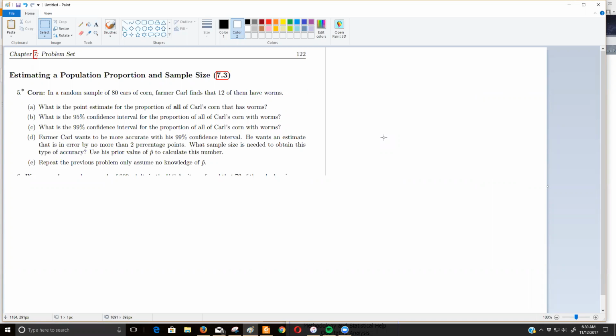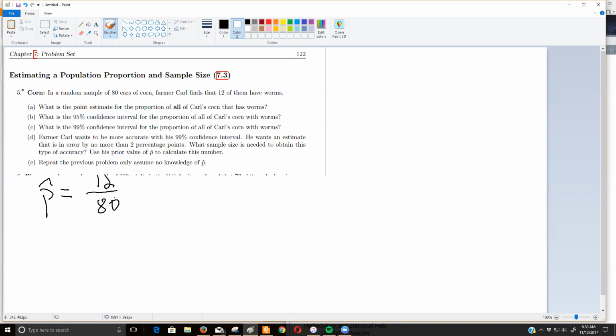Our point estimate of the proportion of ears of corn that will have earworms or cornworms with worms in them is just based on our sample result. So p hat is our point estimate. And so there were 12 out of the 80.